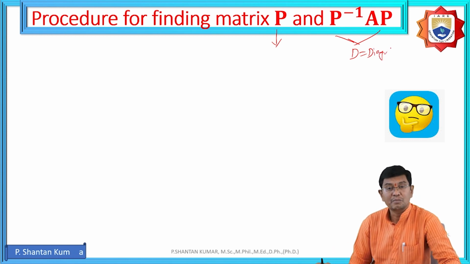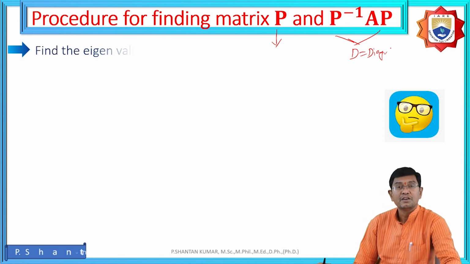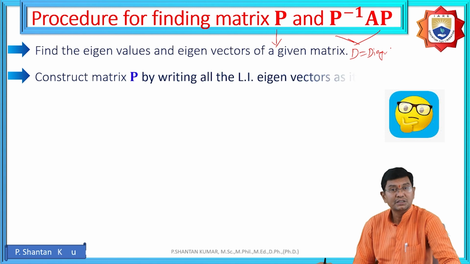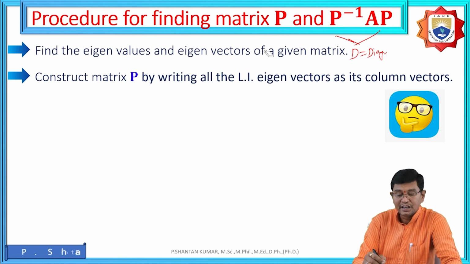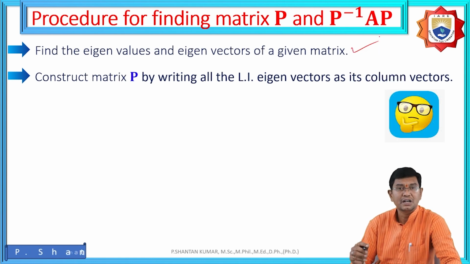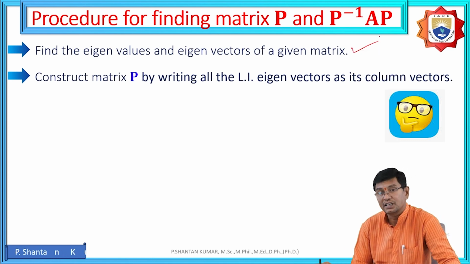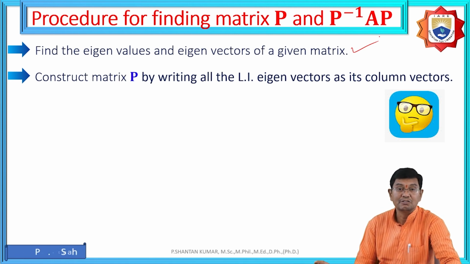First of all, find the eigenvalues and corresponding eigenvectors of the given matrix. As we know, we find the eigenvalues and eigenvectors with the help of the characteristic equation.